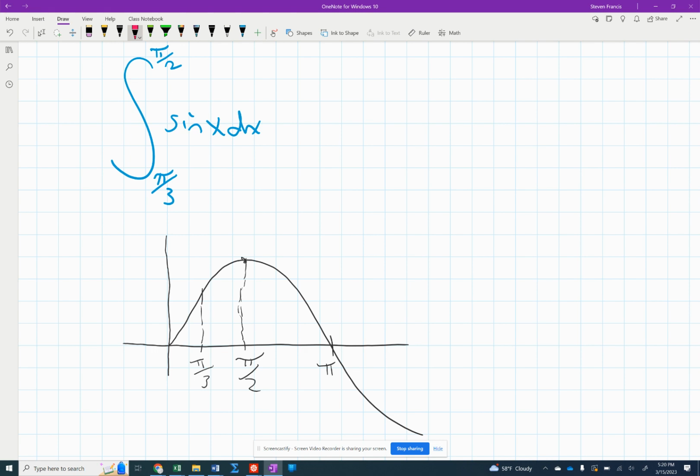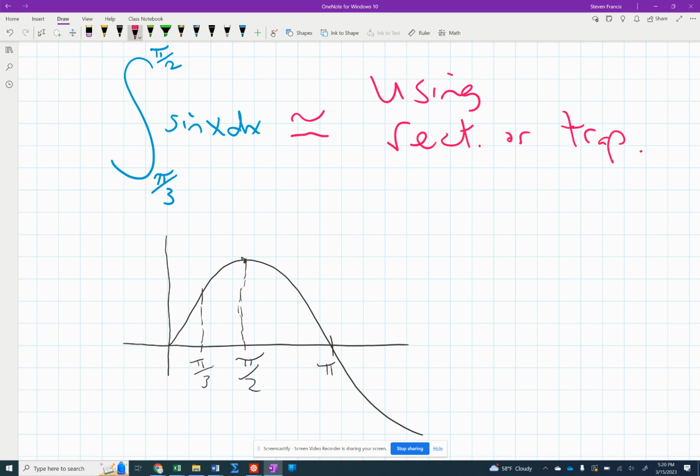So until we learn a little more skill about how we might evaluate this precisely, we would do one of our Riemann sums to approximate this using rectangles or trapezoids, if you remember how to do that.